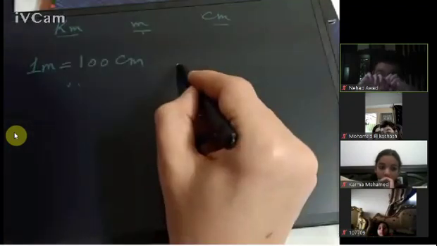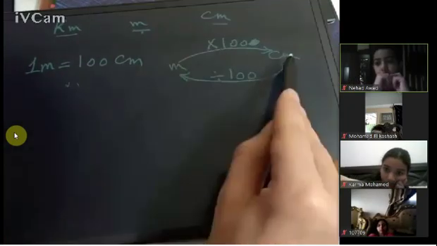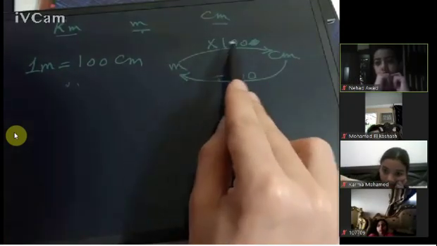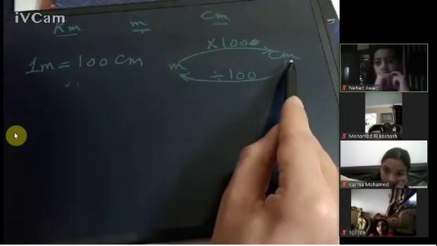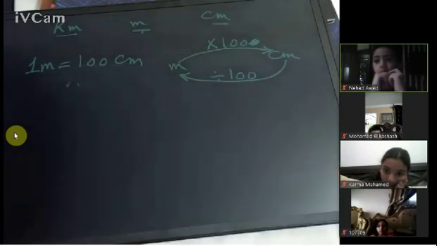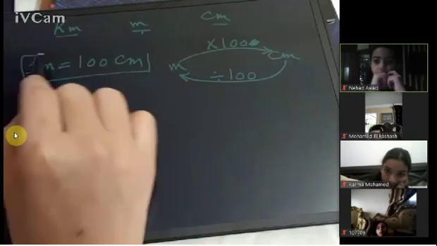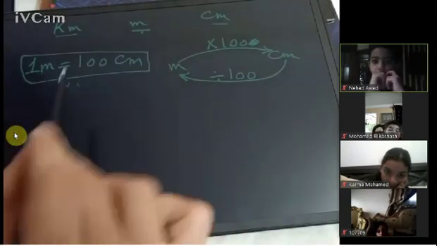So if you want to change from meter to centimeter, from big to small, multiply 100. From small to big, divide 100. Because the relation is 100 from meter to centimeter.